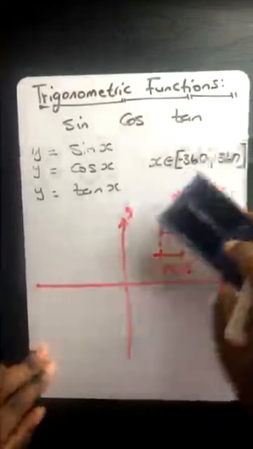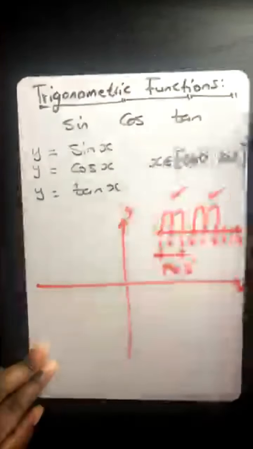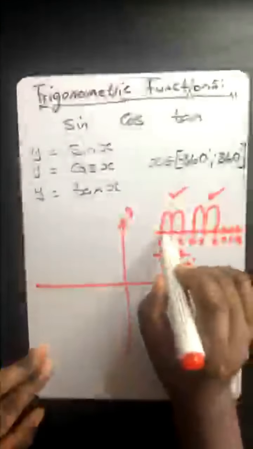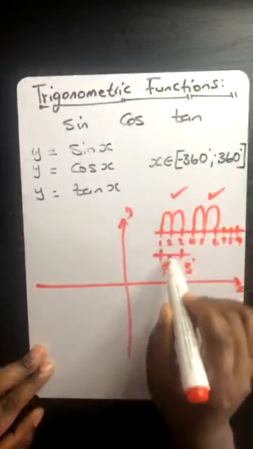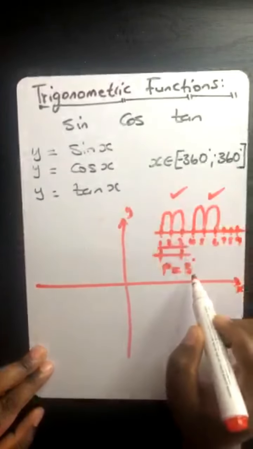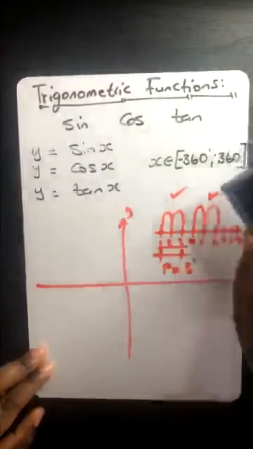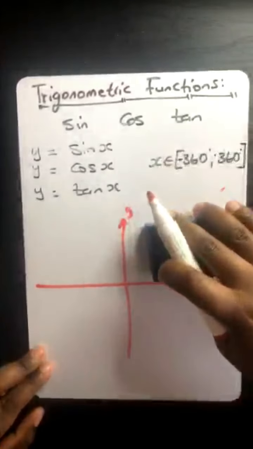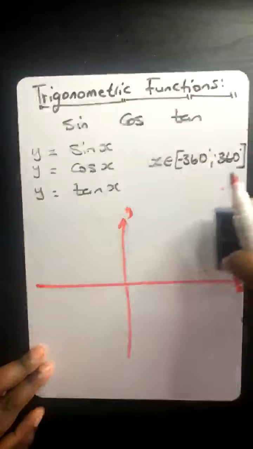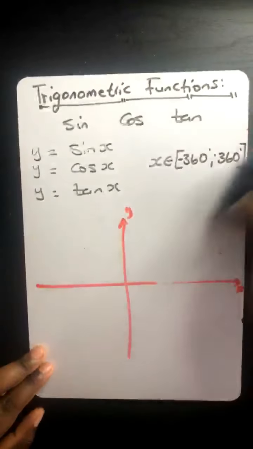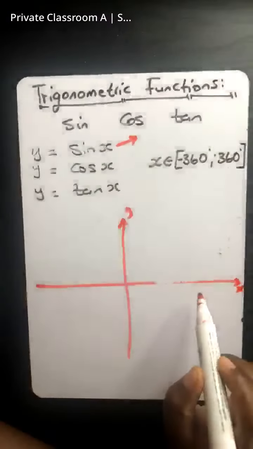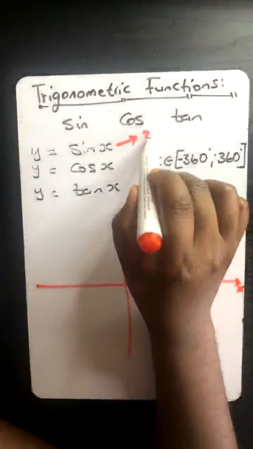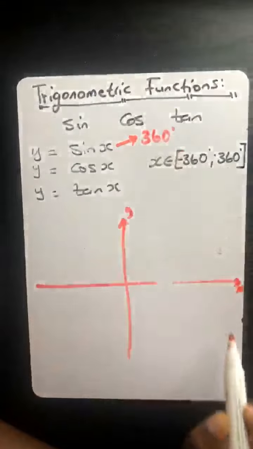Yes. So that's what we mean by the period. We want to know, when M is complete in terms of its shape, how many angles it needs. So the period for the sine function is equal to 360 degrees.